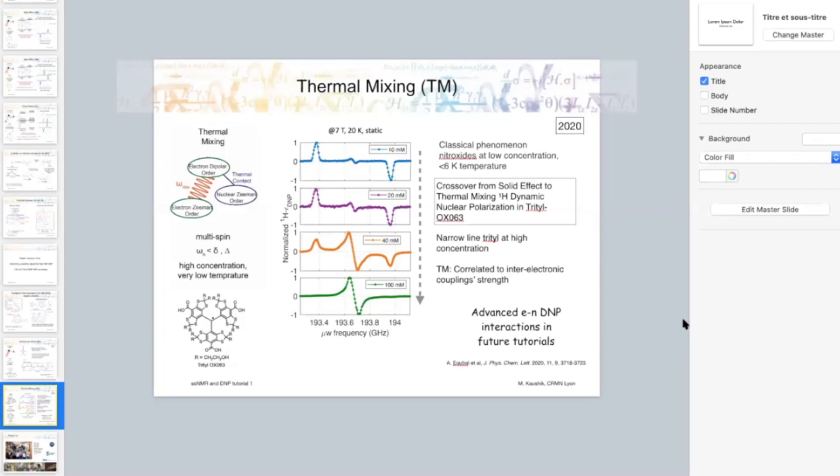Thermal mixing is more of a classical way of describing relaxation inside the sample. So it's looking at two very different things. Okay, is that good? If it's still unclear, Julia, message me and we can talk about it more.